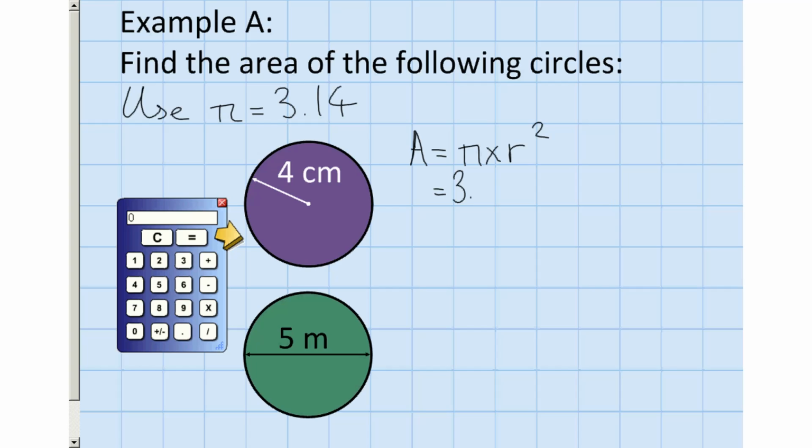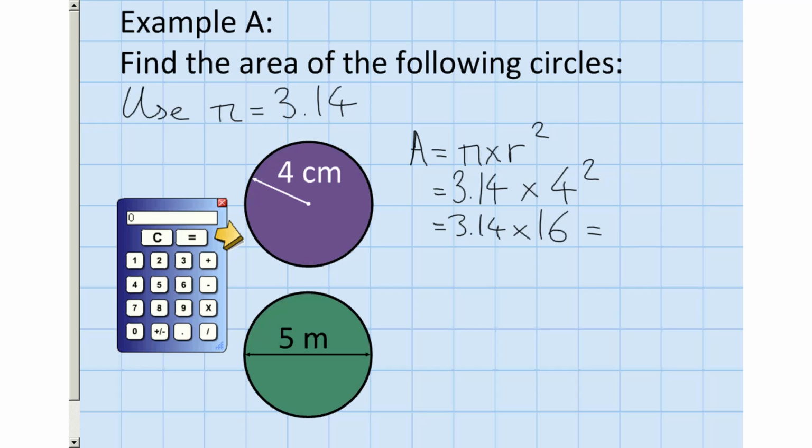So that's 3.14 multiplied by the radius, which is 4, so it's 4 squared. Hopefully you can remember the square numbers from the first topic. So that's 3.14 times 4 squared. 4 times 4 is 16.